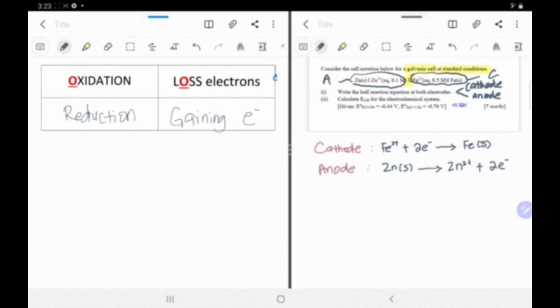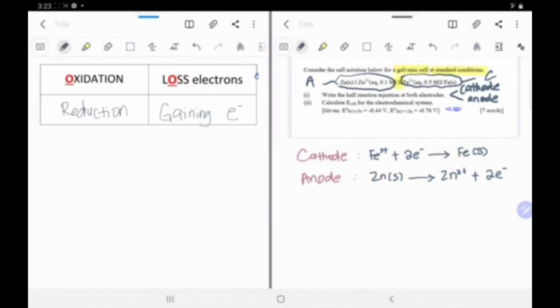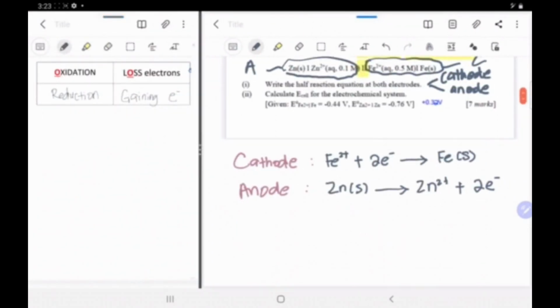For oxidation, just remember there is an O in oxidation, so we lose electrons. And for reduction, we gain electrons. Both words don't have O. Alright, so that is the first part.